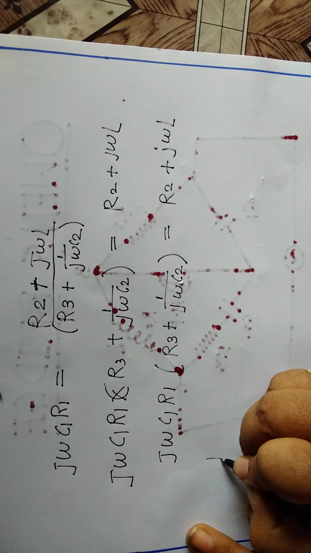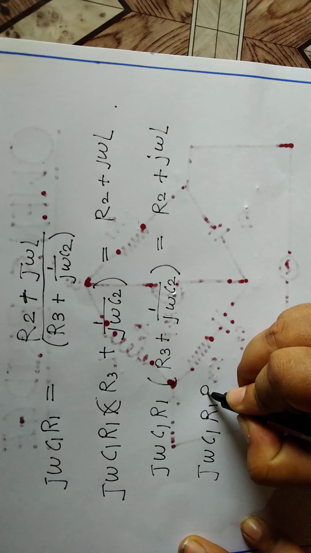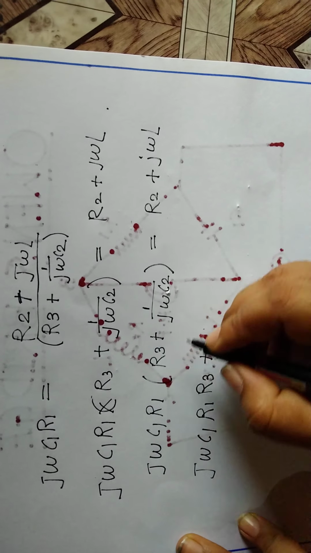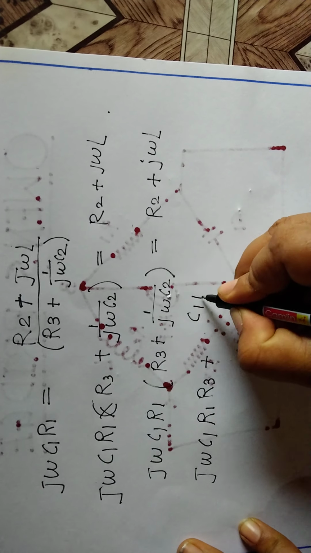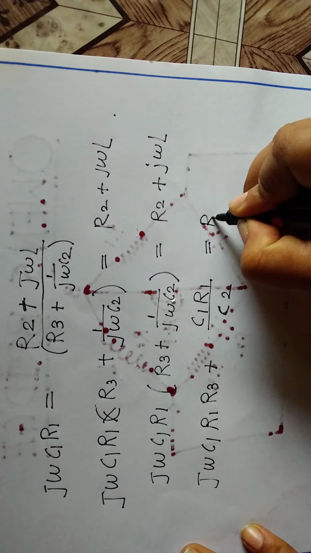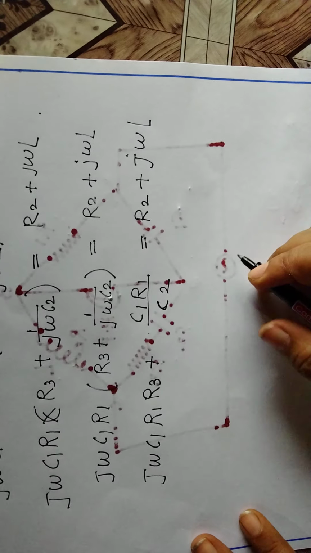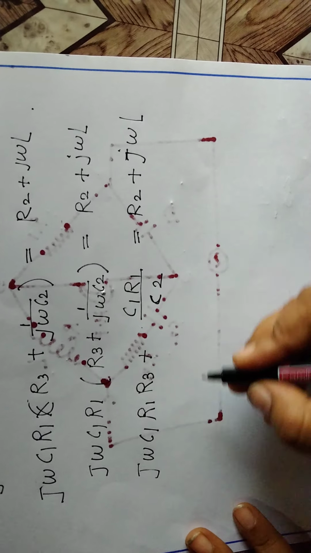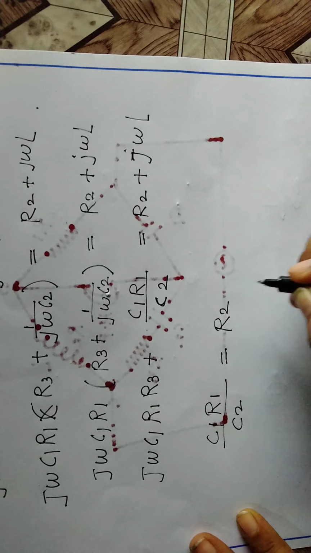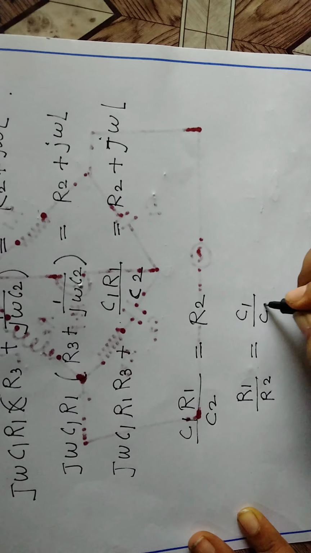Simplifying, we multiply j omega C1 R1 with this bracket, R3 plus 1 by j omega C2. The j omega will cancel, and we get C1 R1 by C2 plus j omega C1 R1 R3, which is equal to R2 plus j omega L. Equating real and imaginary parts, the real part gives C1 R1 by C2 equal to R2, so R1 divided by R2 is equal to C1 divided by C2.